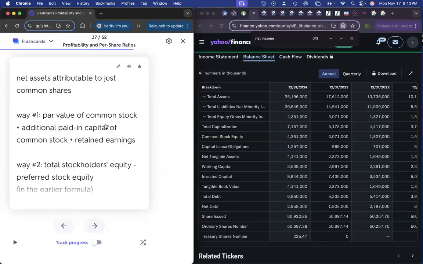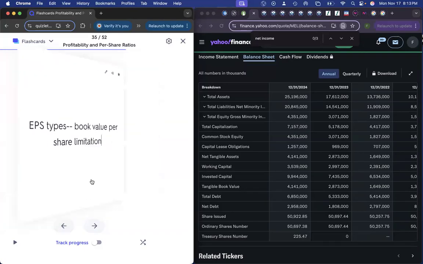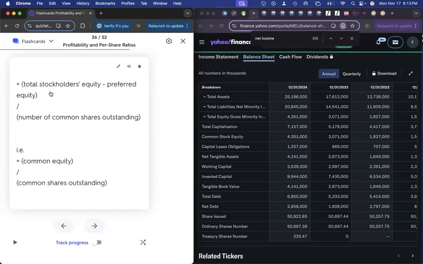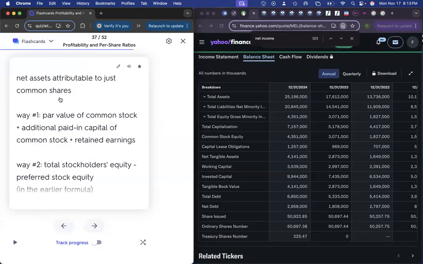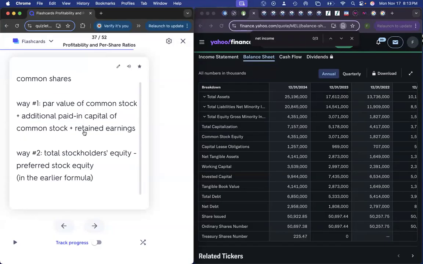And the numerator for that, so there's two ways to find it. Let me rephrase this. The numerator can be written in two different ways. What we're looking for is net assets attributable to just common shares. The way that we saw in the formula is total stockholders' equity minus preferred stock equity.